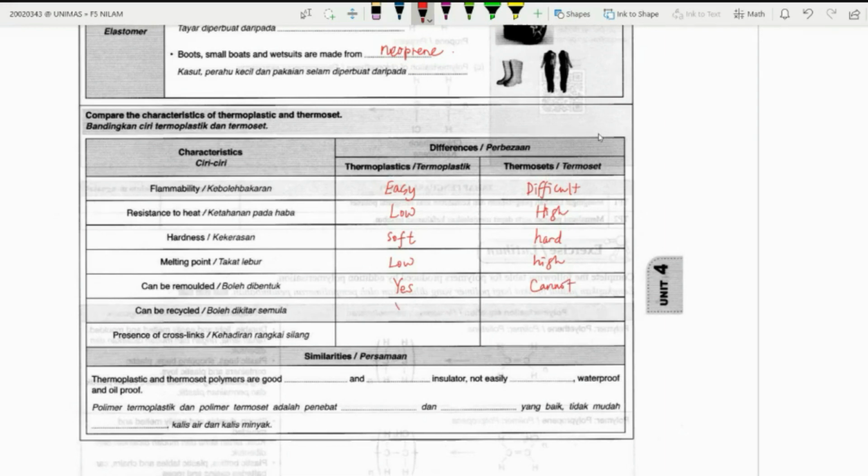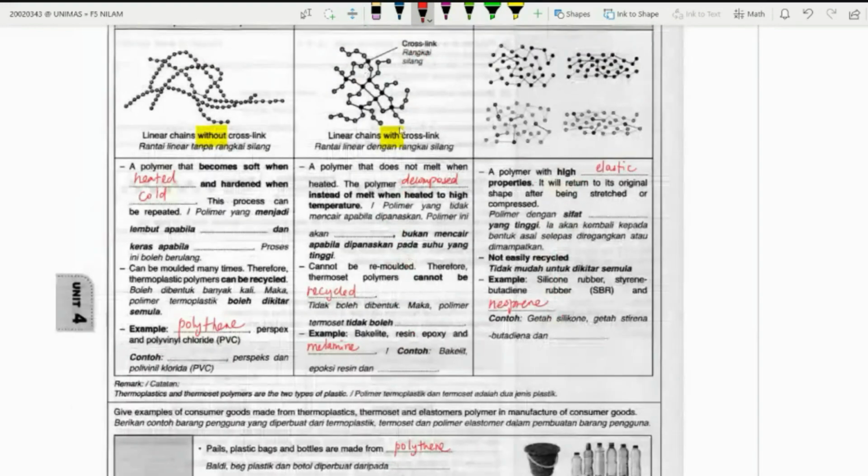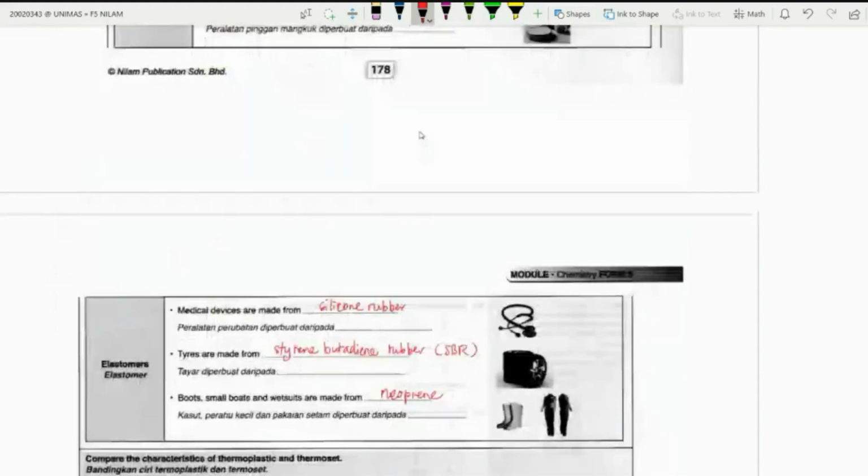Thermoplastic, yes. Thermoset, no. Presence of crosslinks: thermoplastic has no crosslinks, thermoset yes, because just now we mentioned already, this one without, this one with.